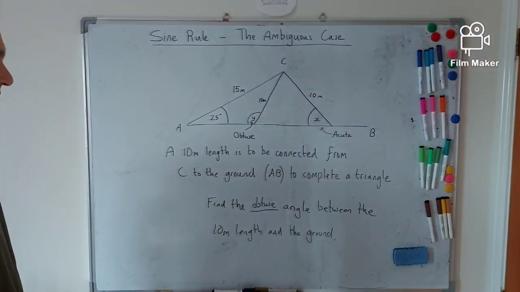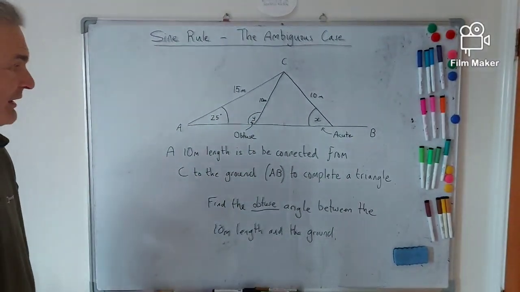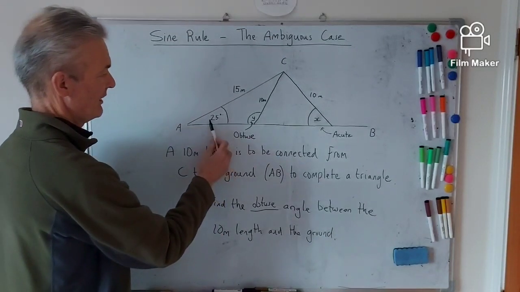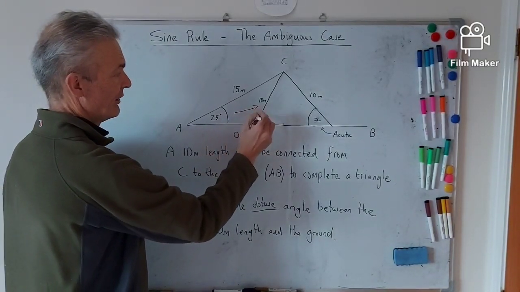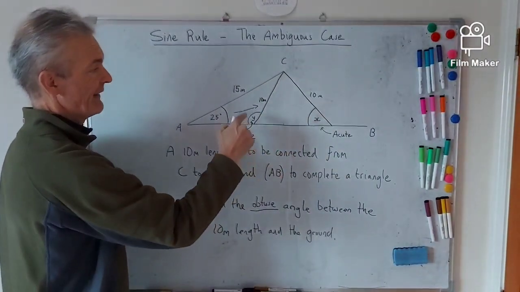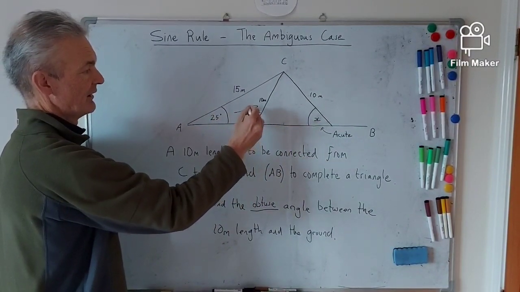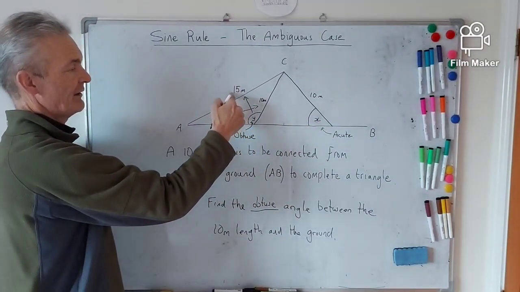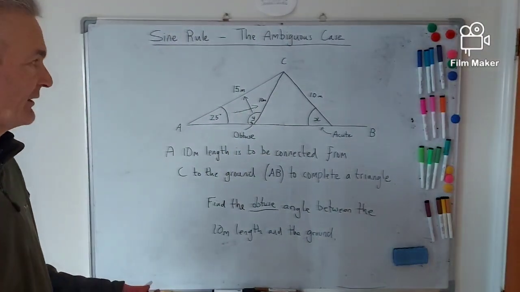You can find the angle by using the sine rule, because you've got an angle and a length opposite it, and then you've got an angle that you're after and the side opposite it.